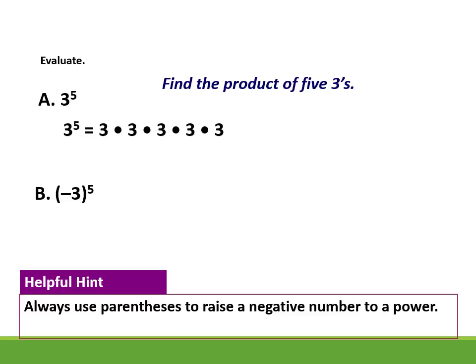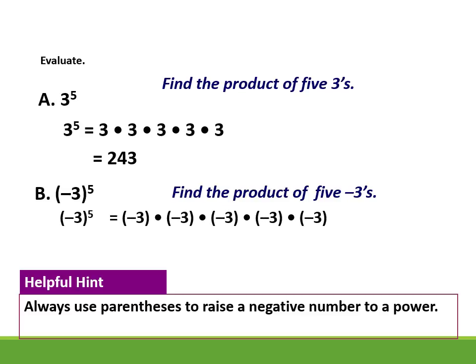So that is 3 times 3 times 3 times 3 times 3, or 3 multiplied by itself 5 times, and that is 243. What is the difference if we multiply 3 but now with a negative sign? We have negative 3 multiplied by itself 5 times, so that is negative 243.